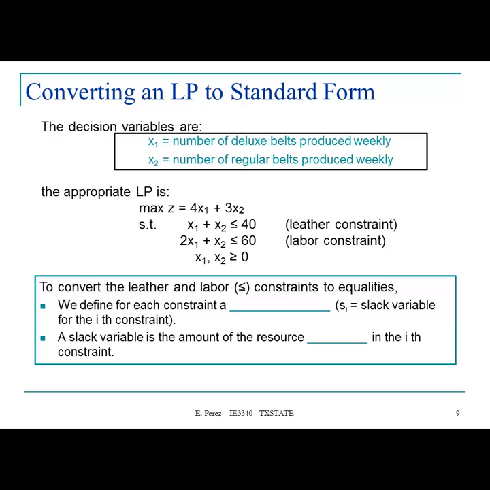To convert the material and labor constraints to equalities, we define for each constraint a slack variable. Why do we need a slack variable? Let's see if you are understanding what we're trying to do. If we want to make this an equality, why are we using a slack variable and not an excess variable?